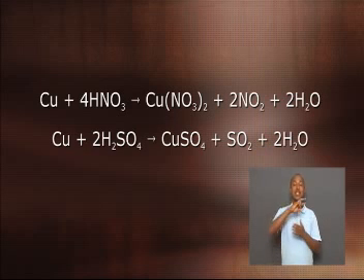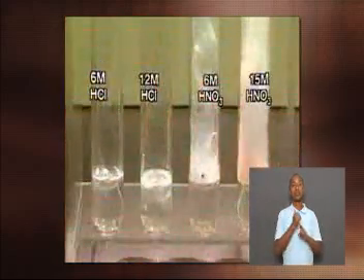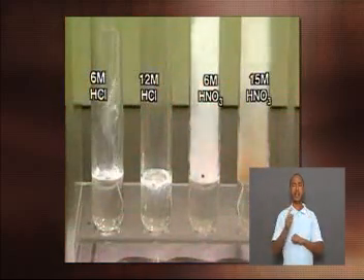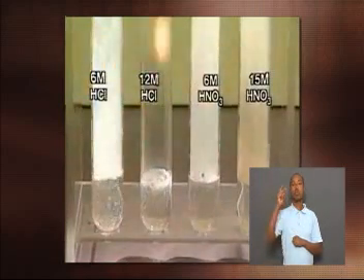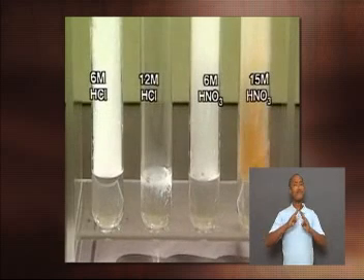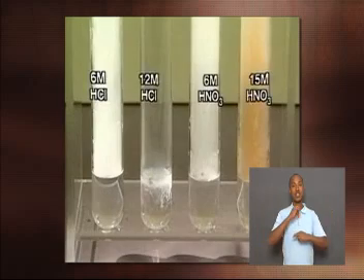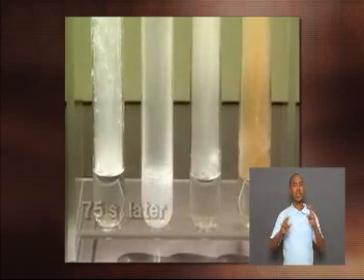This is because concentrated nitric acid and hot concentrated sulfuric acid are oxidizing agents. Metals that are very active, such as sodium, potassium, and calcium, react violently with acids. In fact, these reactions are so violent that it is dangerous to perform them.